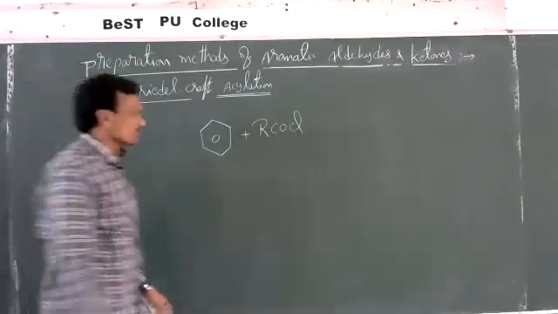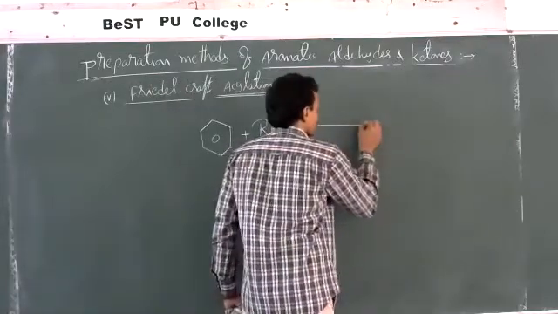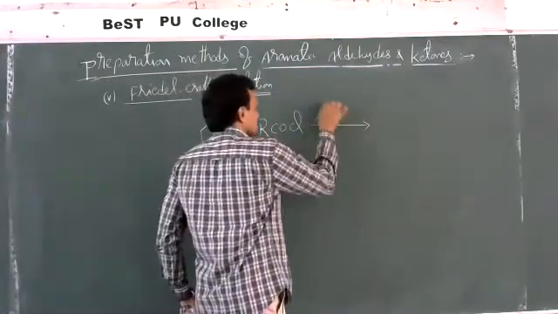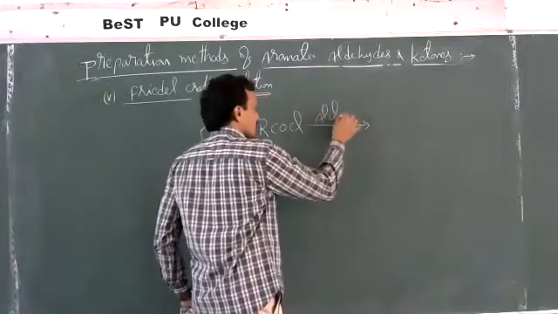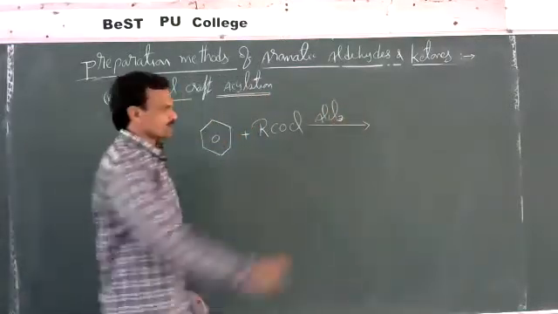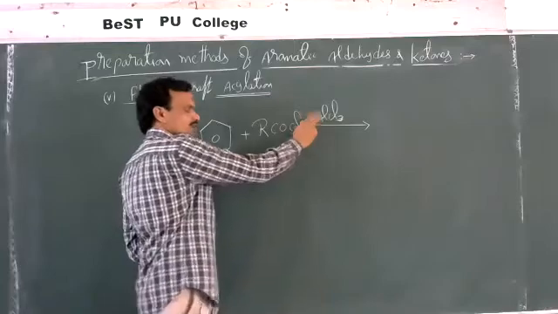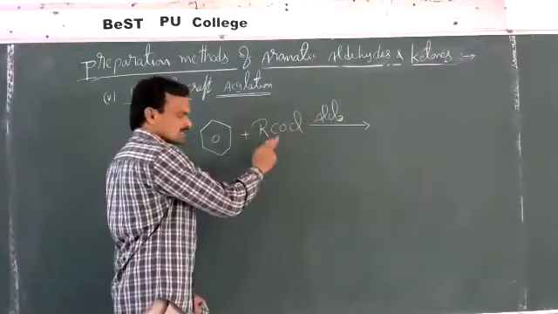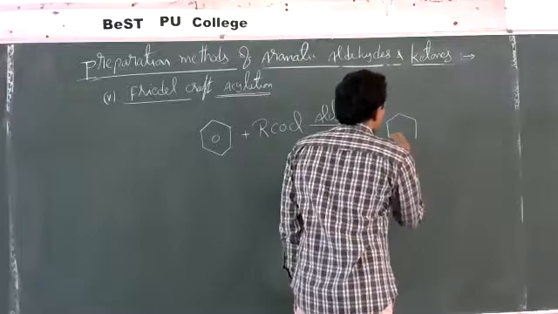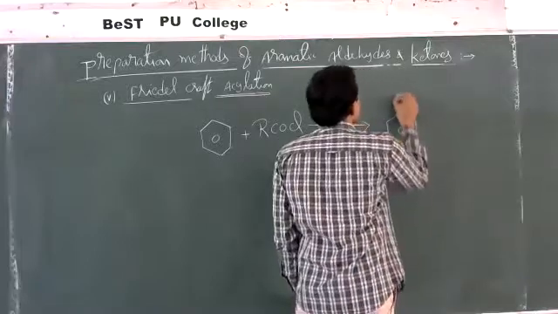In the presence of a Lewis acid, that is AlCl3 or BCl3 or FeCl3, benzene reacts with acid chloride and gives a ketone, COR.